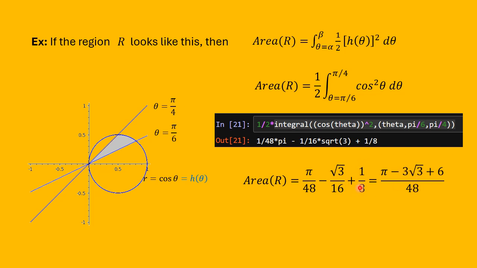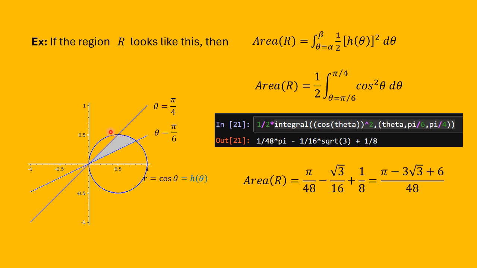If we multiply both numerator and denominator by 6, that's the same as 6/48. So combining all of those fractions together, we get pi minus 3 square root of 3 plus 6, divided by 48. This is kind of an interesting answer if you look at it.